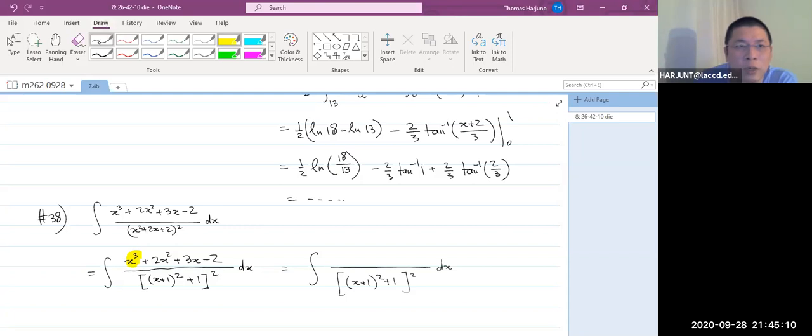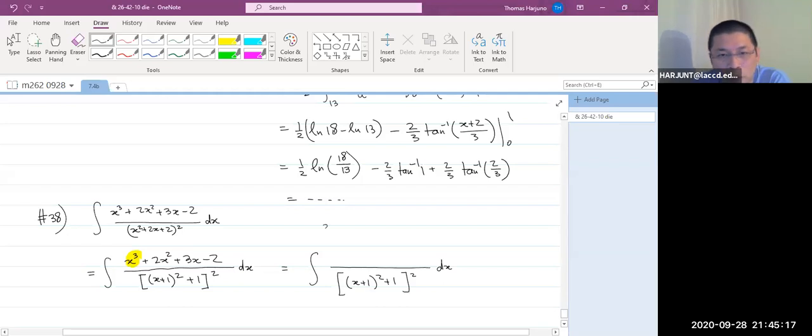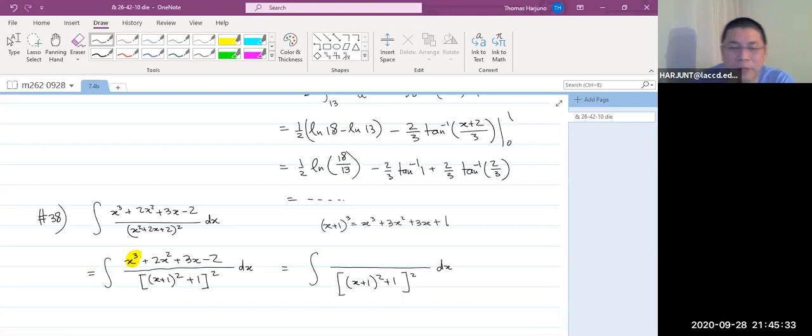Okay, let's see what x plus 1 cubed looks like. (x plus 1) cubed is x cubed plus 3x squared plus 3x plus 1. Is it right? Okay, so I can see that this term and this term are there.